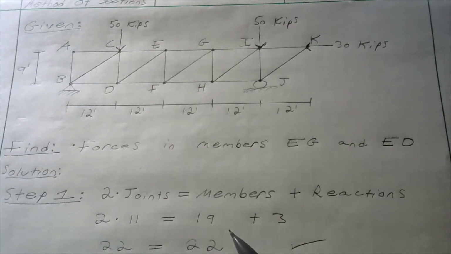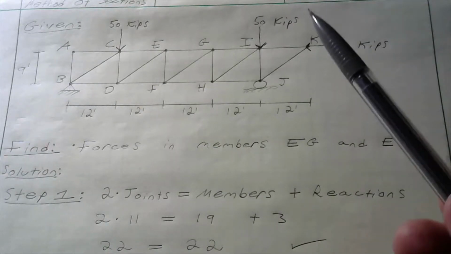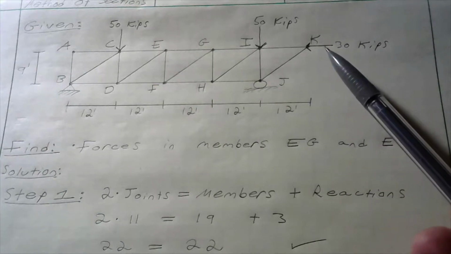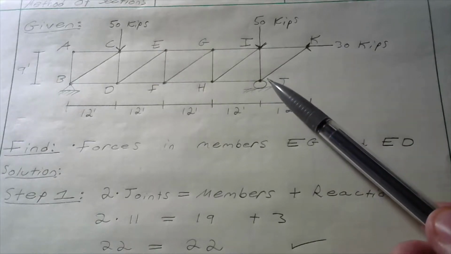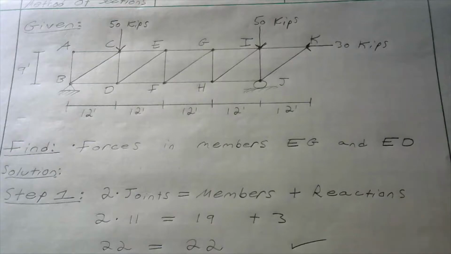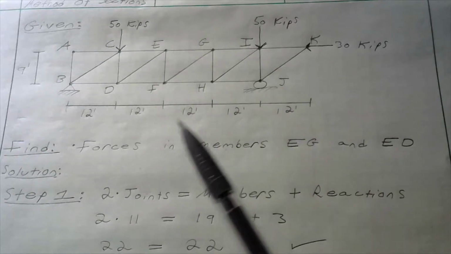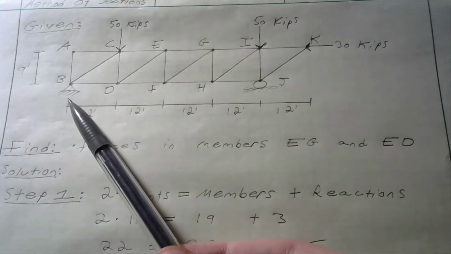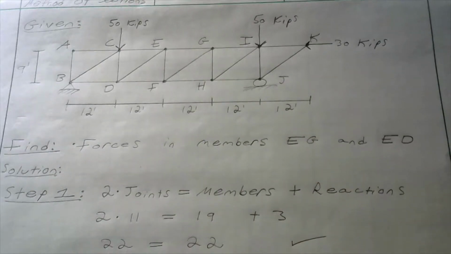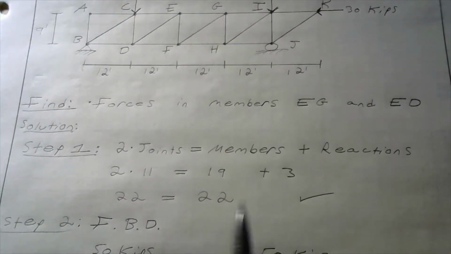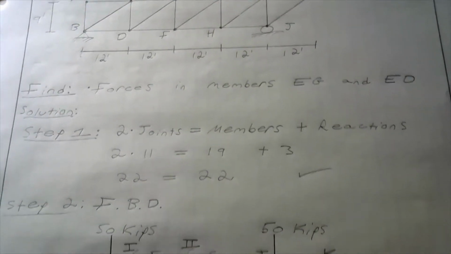And there's 19 members. When you have 2 letters and a line connecting, that's a member. And 3 reactions. So there's going to be 1 vertical reaction here, and a vertical and a horizontal at this pin support. So it is statically determinate because they equal each other.